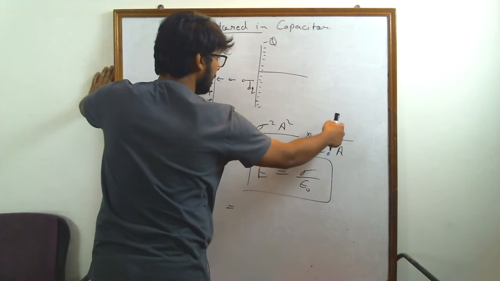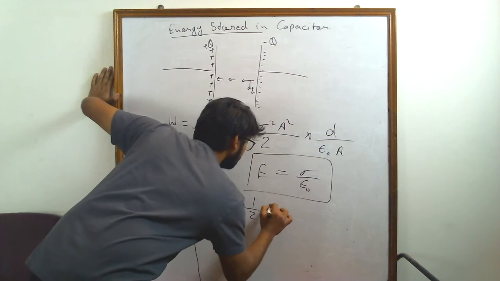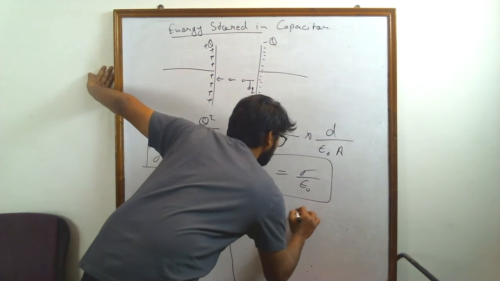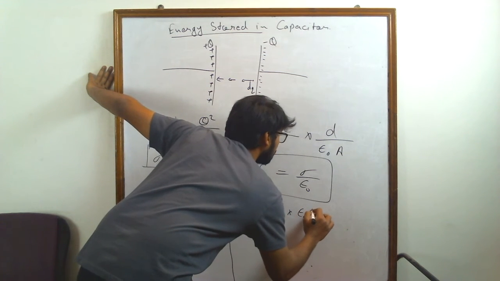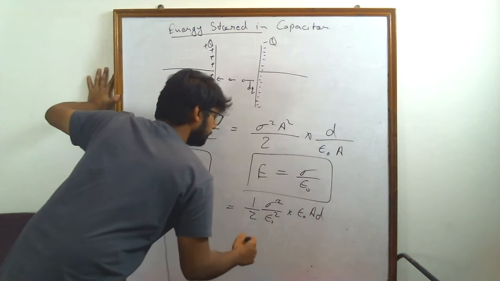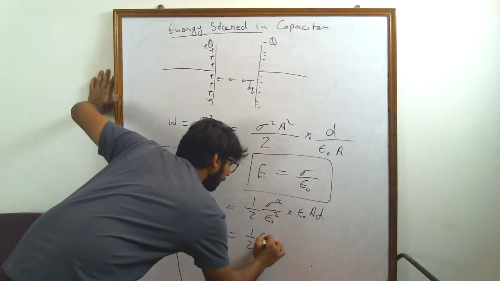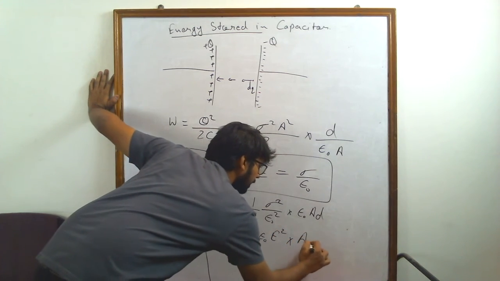I'm going to multiply this with epsilon naught on top and bottom. I will get half sigma square upon epsilon naught square into epsilon naught A into D. So this becomes half epsilon naught into E square into A into D.